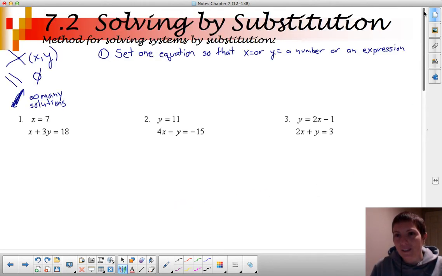So let's go back up here to our steps. Our steps say set one equation so that x equals or y equals a number or an expression. Most often we're going to have an expression, but occasionally we might get lucky and step 1 will be x equals a number or y equals a number. Not very often though. Step 2 is actually the substitution step.